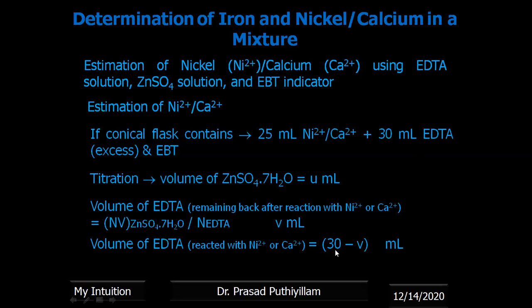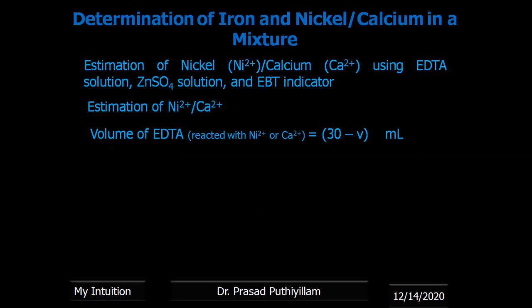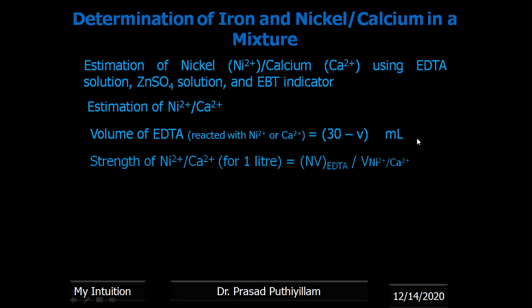So 30 minus V ml is the volume of EDTA reacted with our nickel or calcium ion.